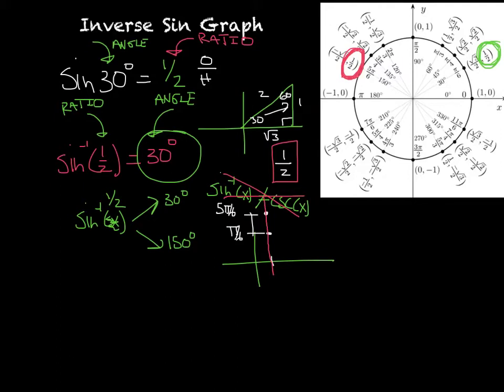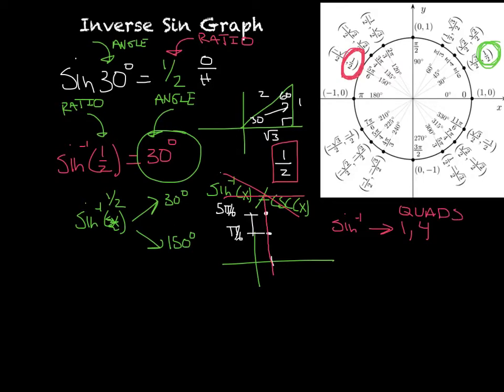So the way we do this is we say, okay, for the inverse sine, and this is important, we are going to only give angles back in quadrants 1 and 4. So make sure you write that down. Quadrants 1 and 4.